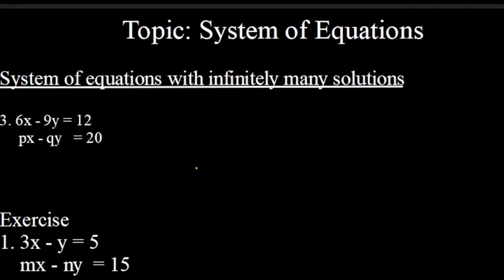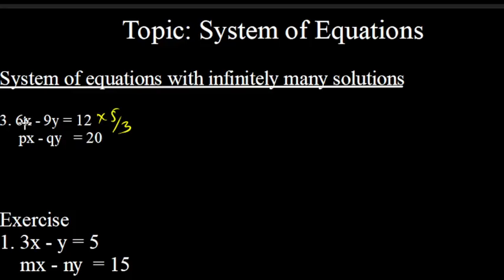we have this one here. 6x minus 9y is this, and px minus qy is this. So let's also compare these, 20 divided by 12. We'll have 4 here, 5, 4 here, 3, 5 over 3. So what it means is that when we multiply the first equation by 5 over 3, we get the same thing here.